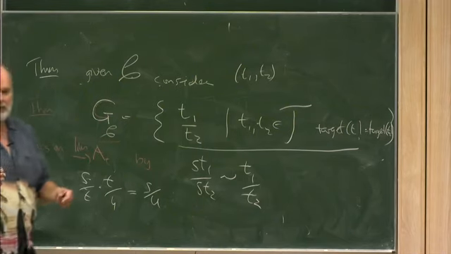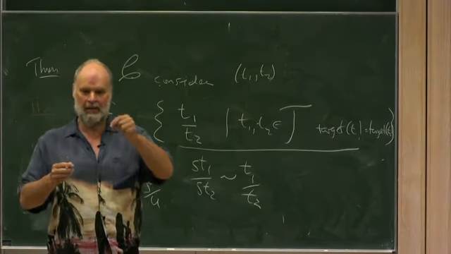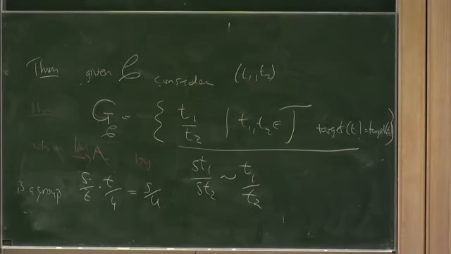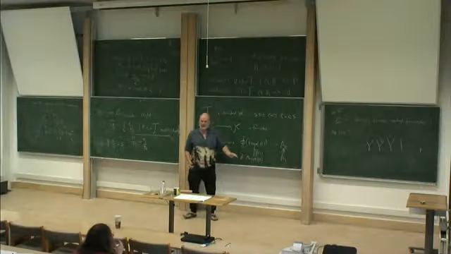What is the direct limit? The direct limit is a set of ordered pairs: an element of T and an element in its image. And you identify them if they get identified under this process. That's also in Wikipedia.